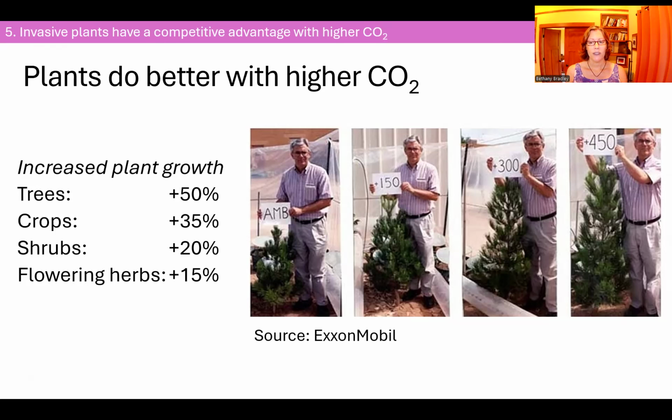The challenge here, though, is that it kind of depends on the plant. Who's going to grow better or worse matters. So these stats of trees growing 50% more, crops, shrubs, flowers, whatever, those are from only a few hundred species that we have any information for.